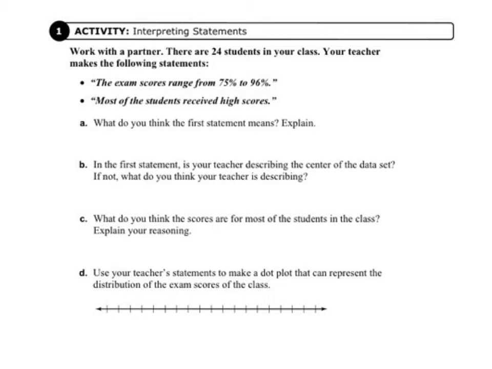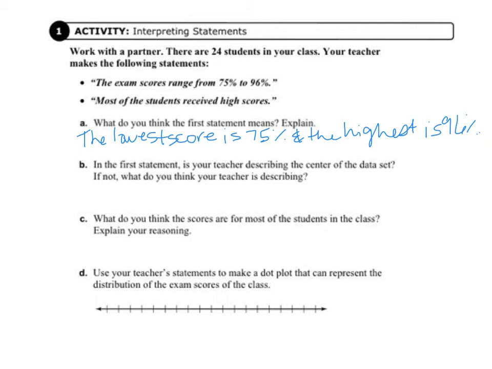So we can tell that our first statement means that the lowest score is 75% and the highest score is 96%. In the first statement, is your teacher describing the center of the data set? If not, what do you think your teacher is describing?